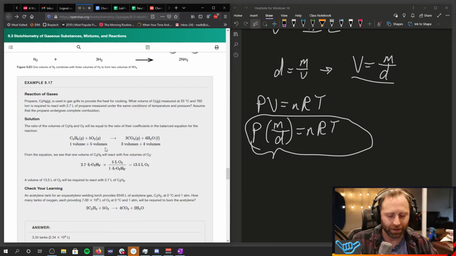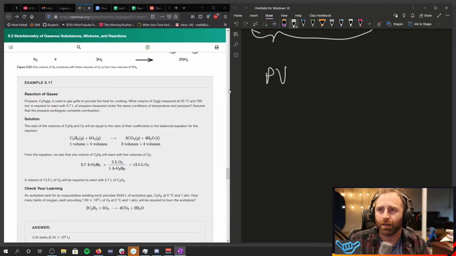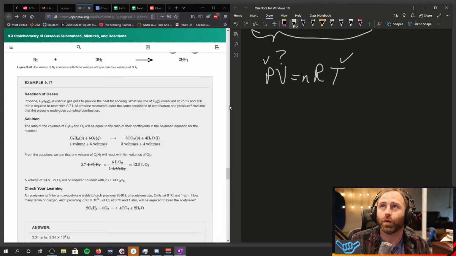The other way you could solve this problem, if this volume of gas thing makes you a little uncomfortable, is you could take your volume of gas and your pressure. It's saying what volume of gas given a pressure and a temperature, and you could solve using your ideal gas law.